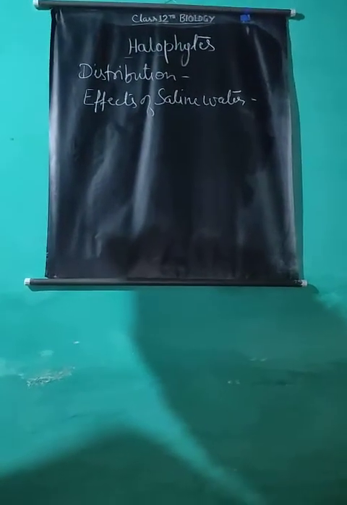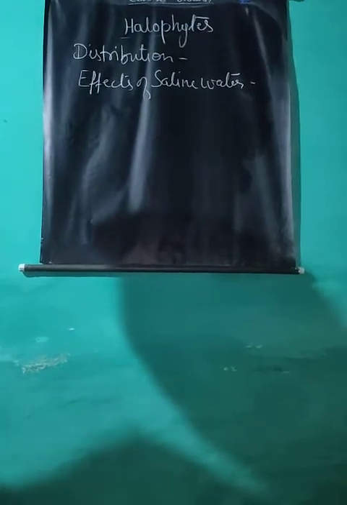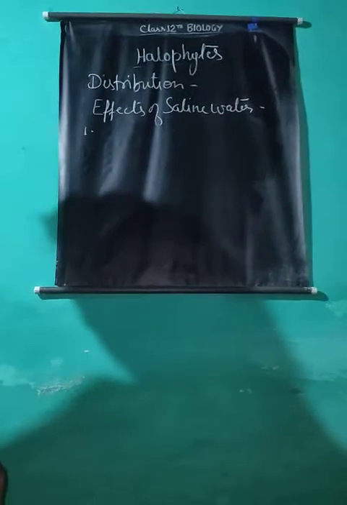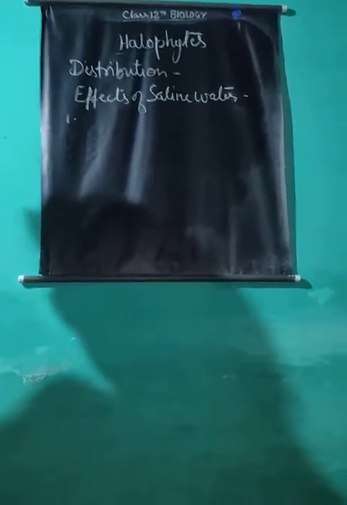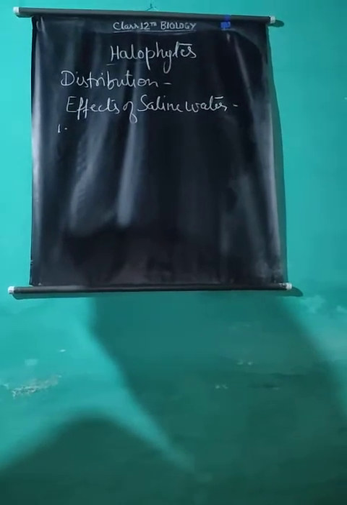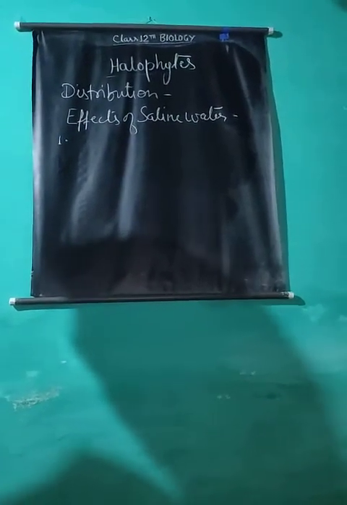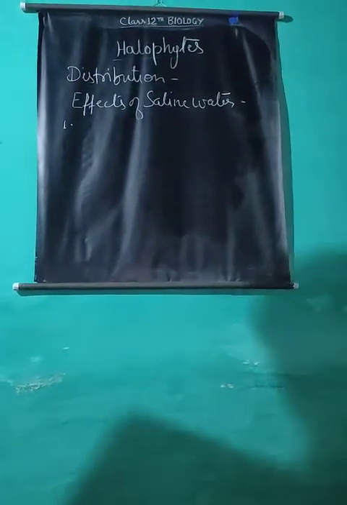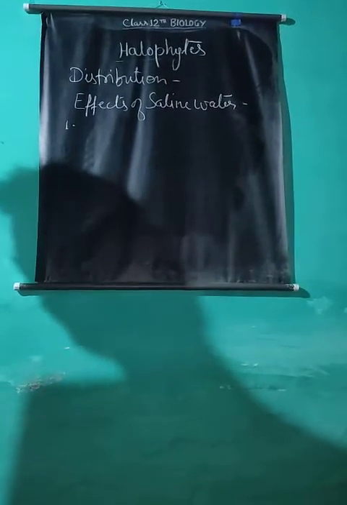Important responsive or adaptive features of plants growing on saline soil are: usually halophytes exhibit succulence. Dissolved chloride salt is especially supposed to be involved in developing succulence. Means they store water and food materials and become swollen up.